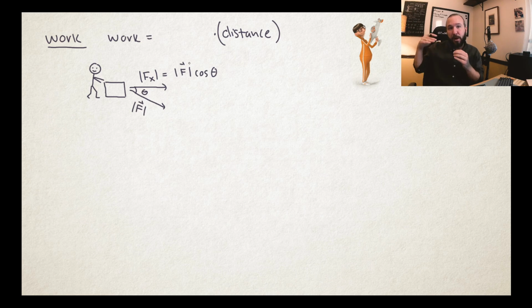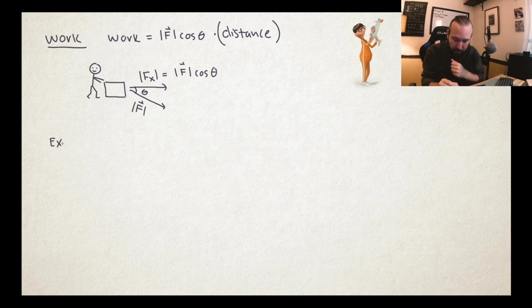So if you're pushing at some angle, then the actual amount of force that you're using is going to be the magnitude of the force times the cosine of the angle that you're pushing it through. And then however hard you're pushing multiplied by the distance that you have to push it is going to give you the actual amount of work that you're going to do.